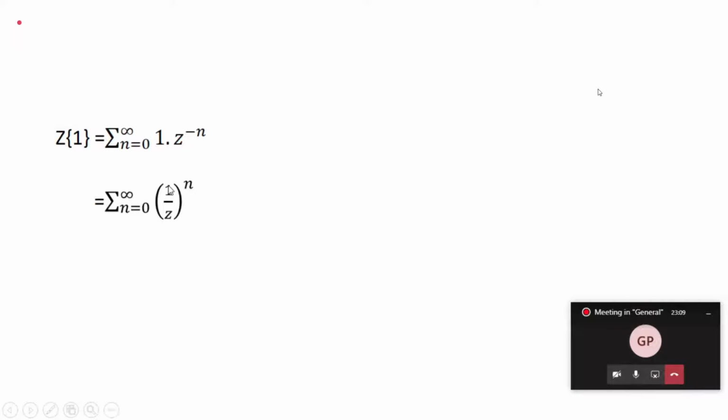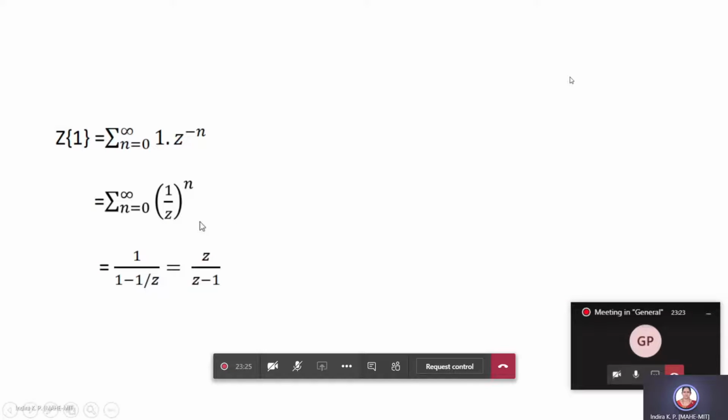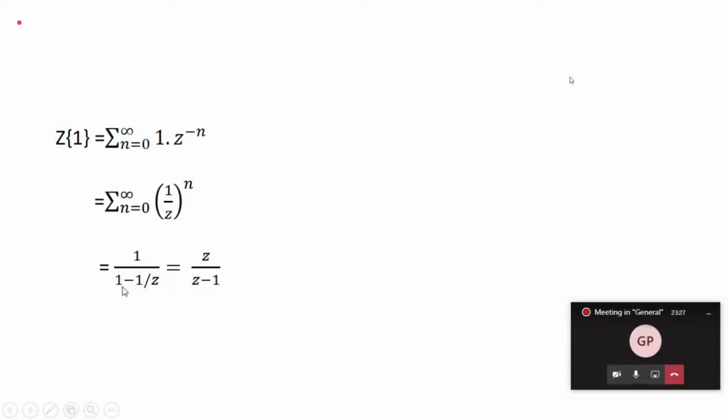Now can you see that this is a geometric series with the common ratio r equal to 1 by z, and what is the sum of infinite terms of a geometric series? a by 1 minus r. And if I use that, a is 1 here, 1 by 1 minus r, and make z common denominator. It goes to the numerator.